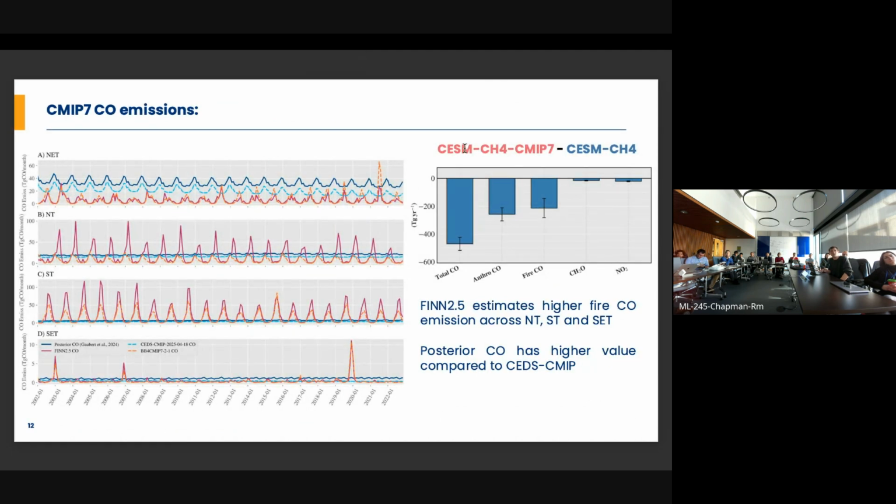So here are the differences in emissions. Our posterior is still higher than the new emissions for all the regions.